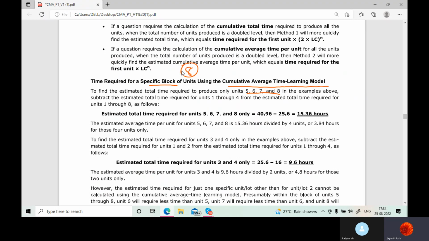So what they're asking is a separate kind of question. We found out till 8 units, correct? They're only asking 5, 6, 7, 8. So what shall we do?